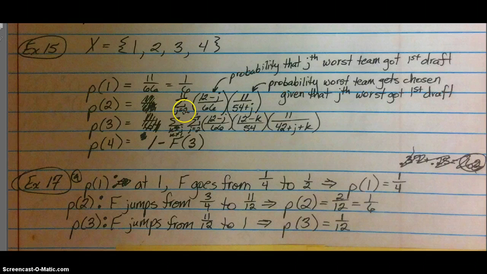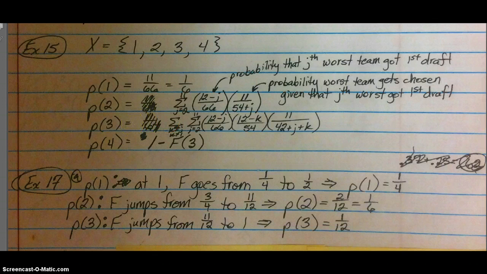So the second worst team, 10/66 over 11/56. That means this is the chance that the second worst team got chosen in the first round. This is now the chance that our team, the worst team, gets chosen in the second round. We need to know how many balls are left here.